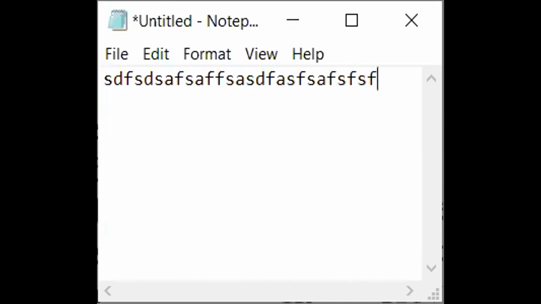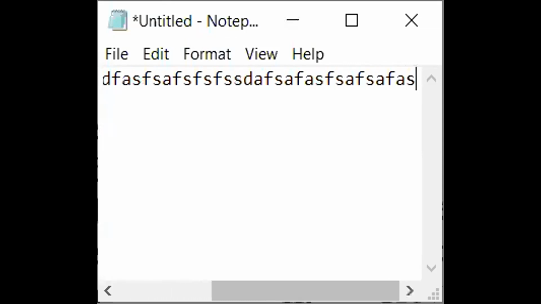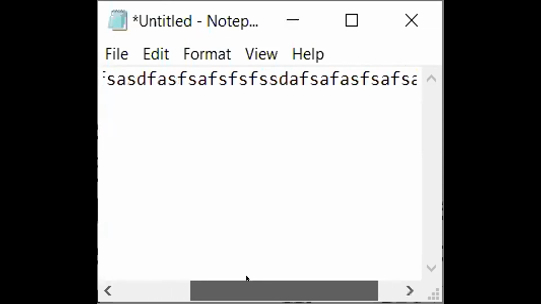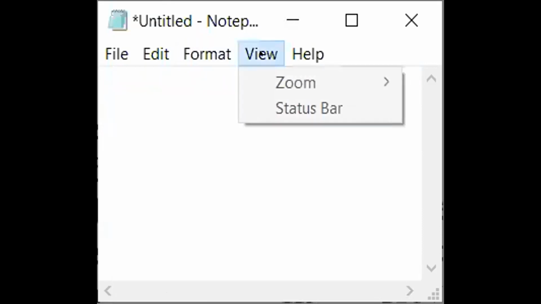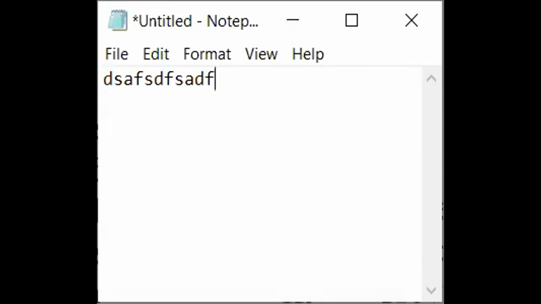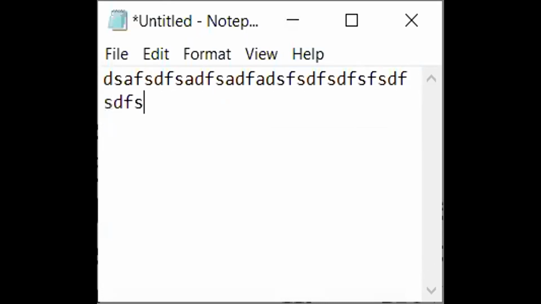All right, so you should be seeing the notepad file. Okay, good. So let's just say we start typing text, and we reach the end of the line in the window. What happens? The text just continues. If we enable word wrapping here and we start typing, it will automatically detect the end of the line, given the size of the window, and automatically move on to the next line.